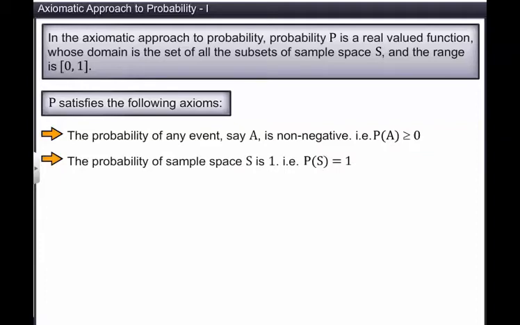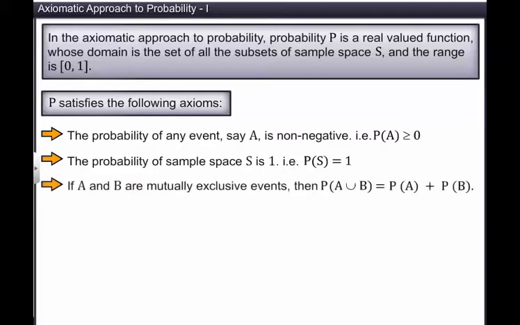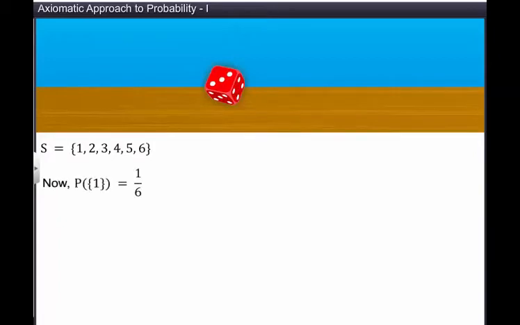If A and B are mutually exclusive events, then P of A union B is equal to P of A plus P of B. Let's consider an experiment where a die is rolled. The sample space associated with this experiment is shown. Thus, the probability of the event getting 1 is 1/6. The probability of the event getting 2 is 1/6, and so on.